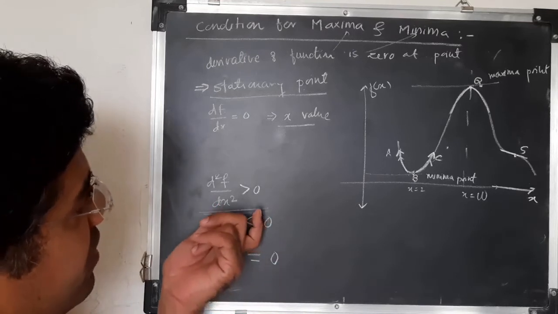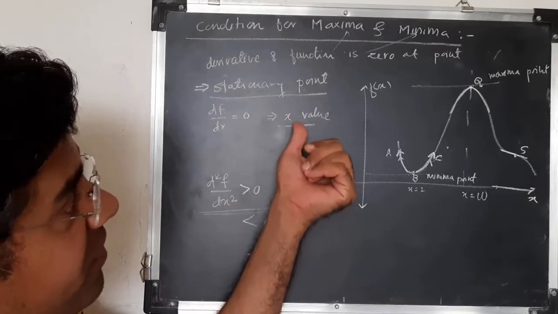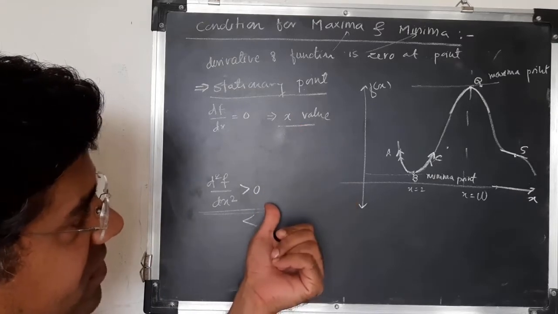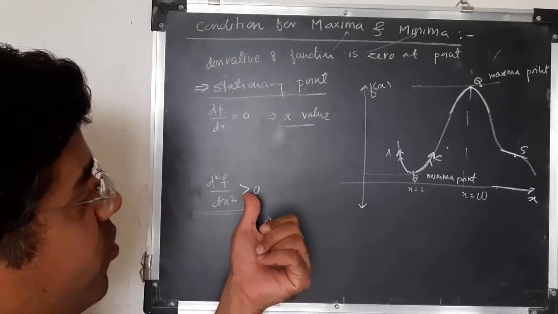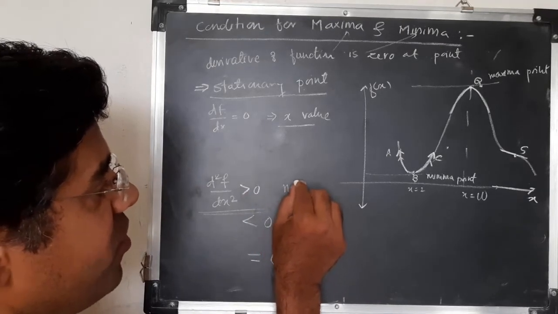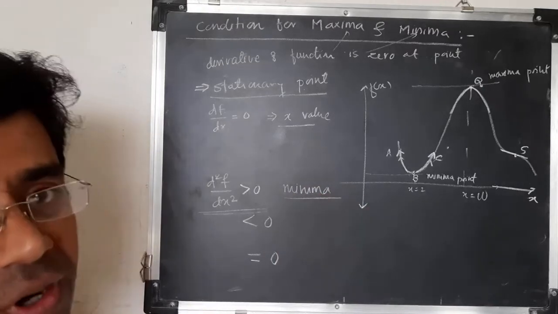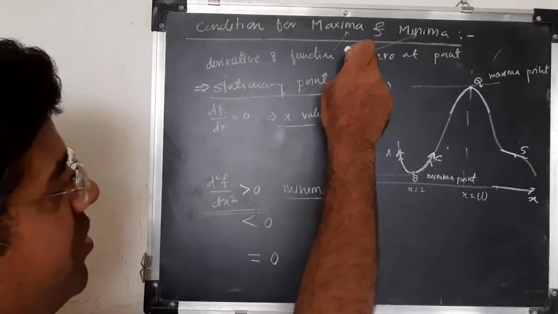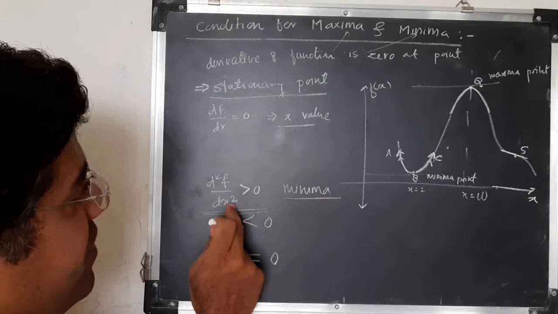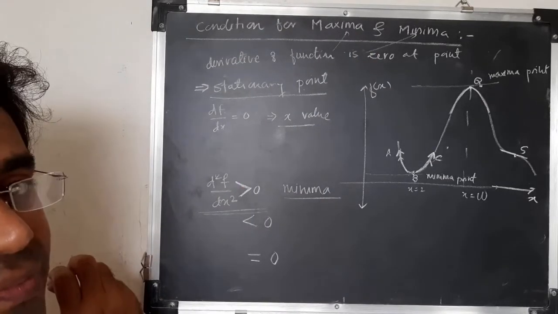After putting the value of x, if the second order derivative is greater than 0, positive, then this is the condition for your minima point. Don't confuse with the word. Condition for minima means the second derivative of that function is greater than 0.